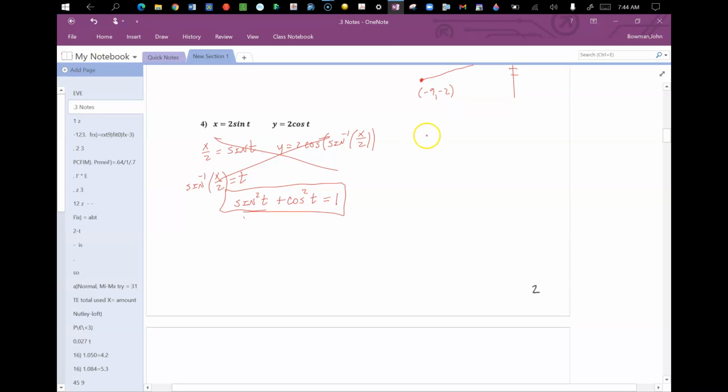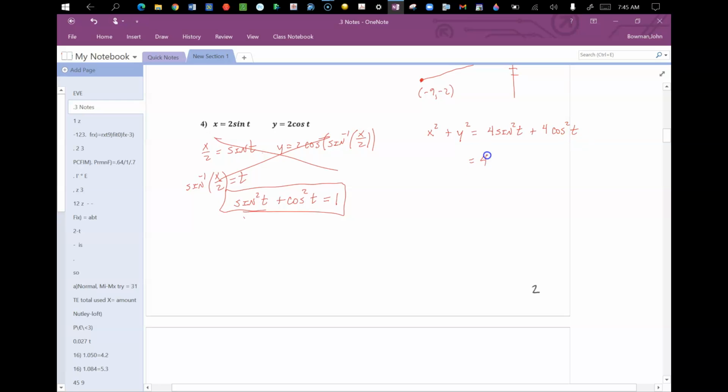So in this case, instead of solving for t, we're going to square x, square y, and add them together. So we'll square both sides of both equations and add them together. x squared is going to be 4 sine squared t. y squared is going to be 4 cosine squared t.